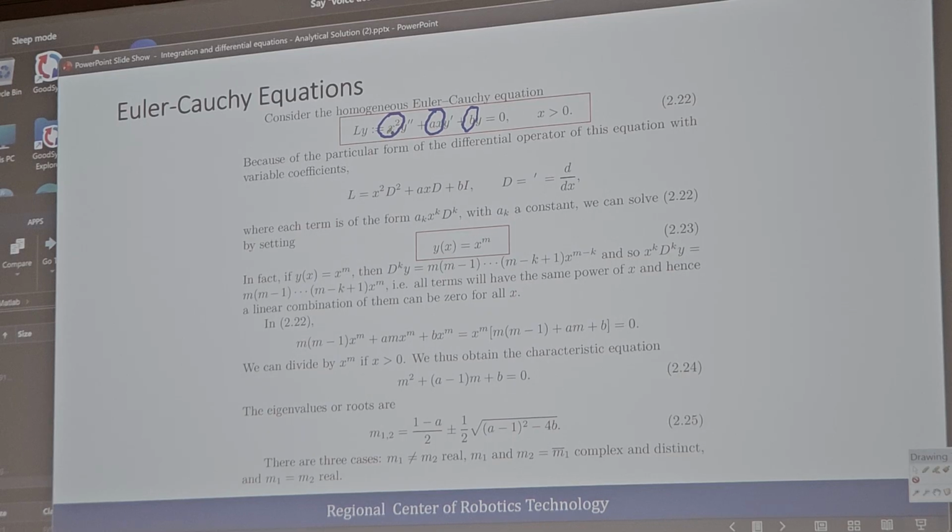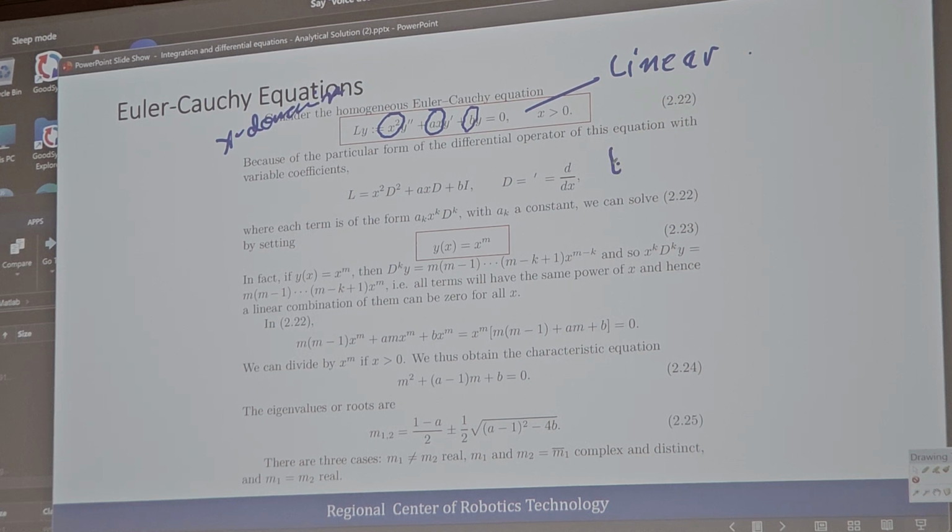This coefficient is not constant. Anyway, this one is linear. But the coefficient is a function of x. This one is in the x domain.